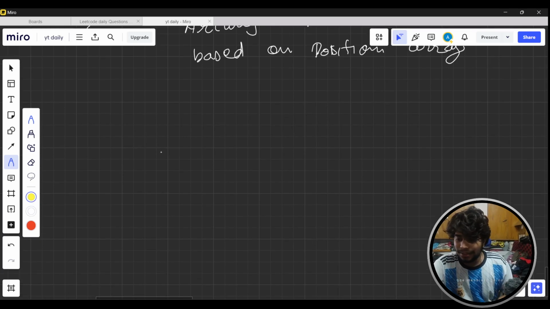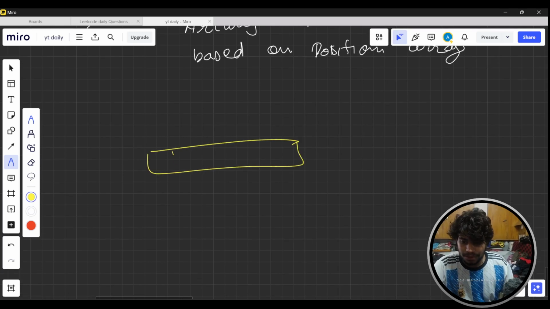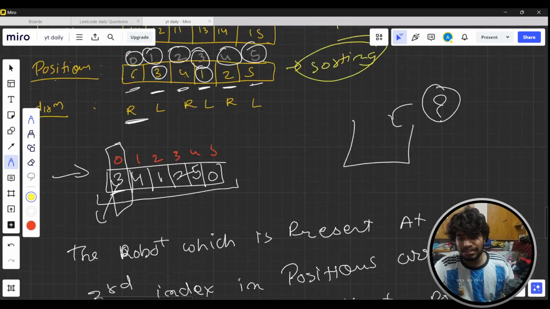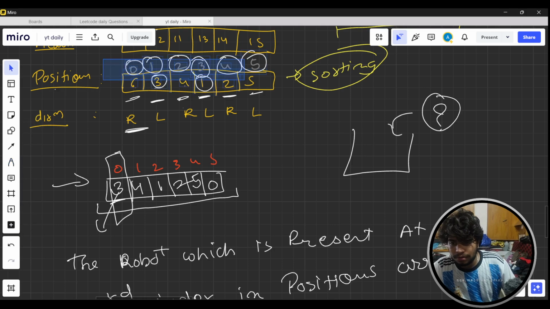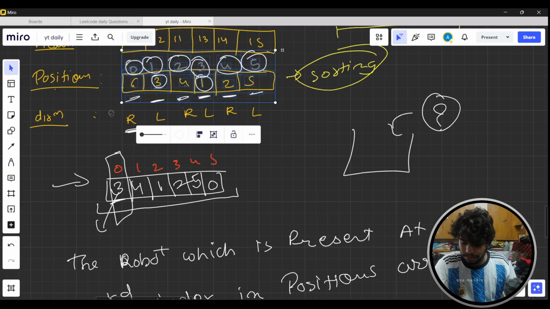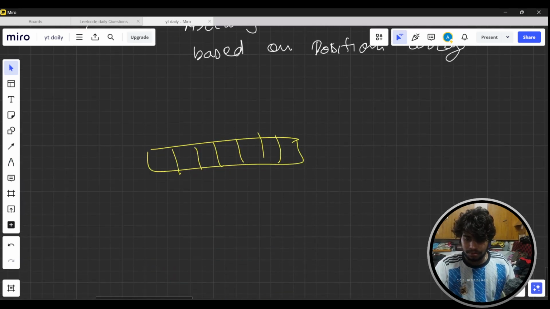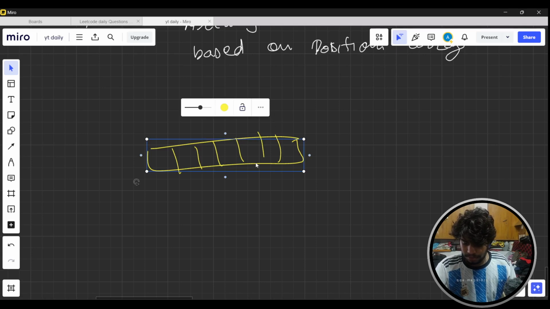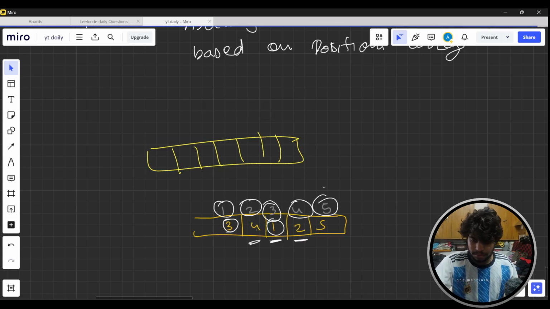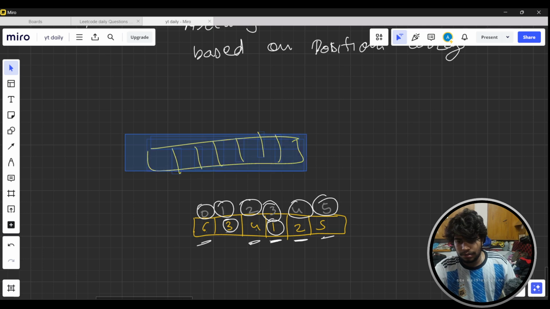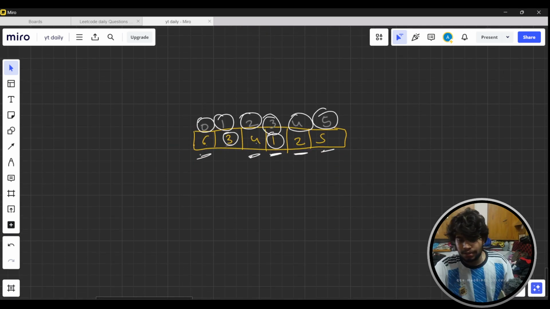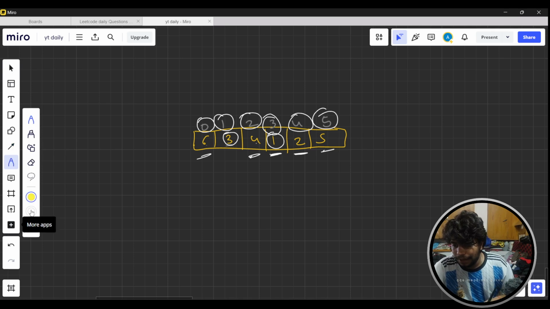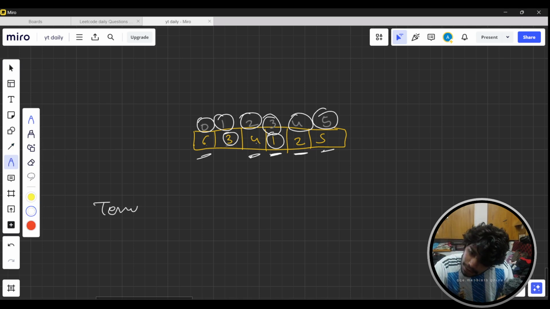This is the easiest. Let's say there is a position array which represents this.